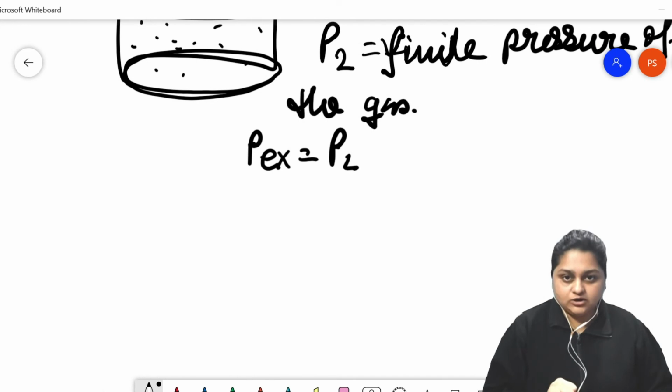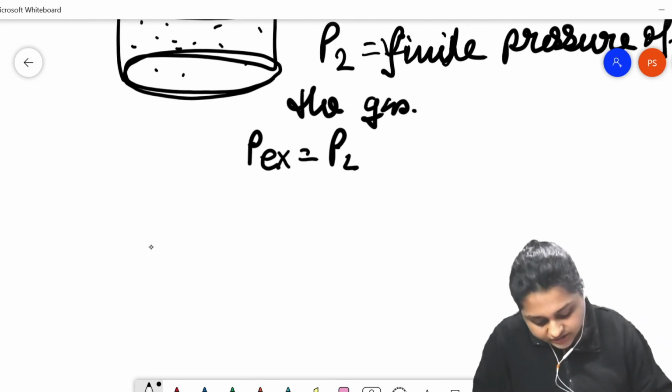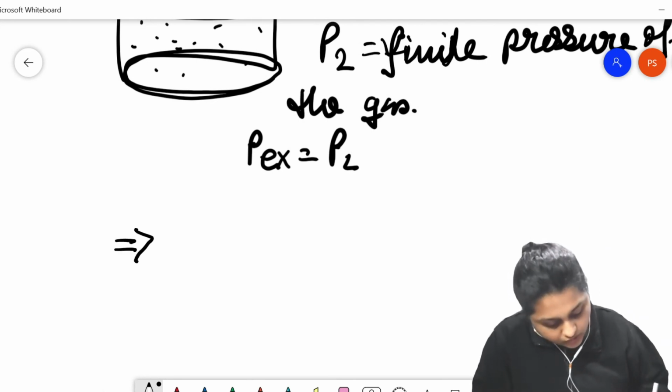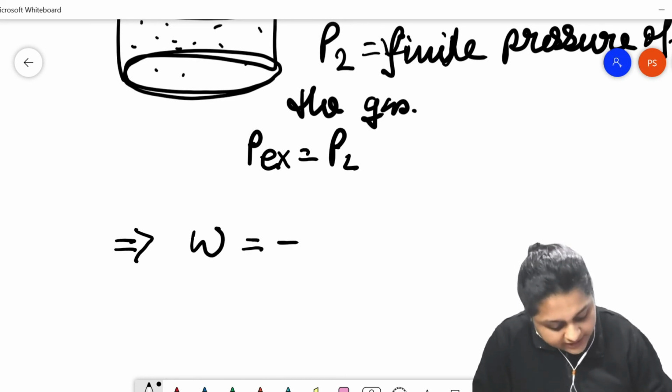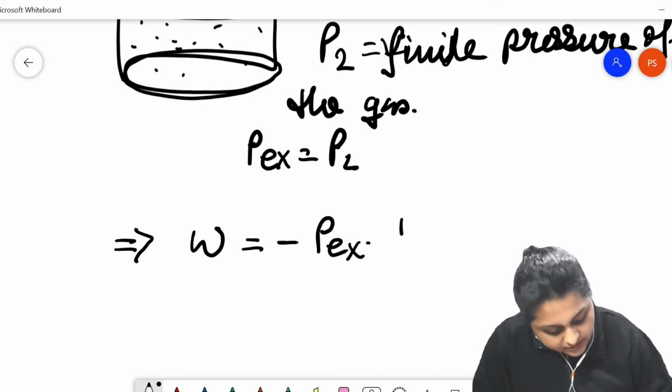Now let's try to calculate the work done that had occurred. The total work done W is equal to minus of P external into dV.